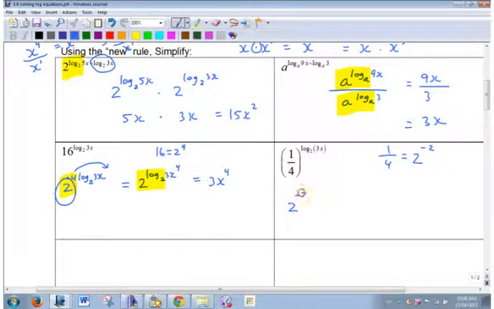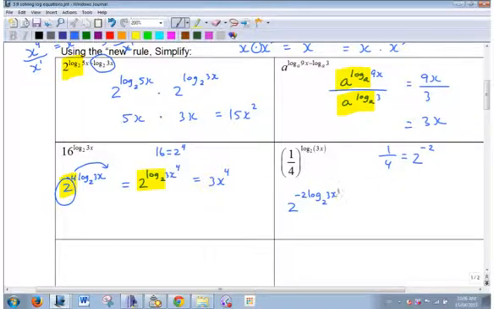Negative 2 log base 2 of 3x. Do these brackets matter? What if I had brackets here? Then I would have to have them here, wouldn't I? Absolutely they matter, because this 4 is not on that 3. If it was, it would be 81, right?